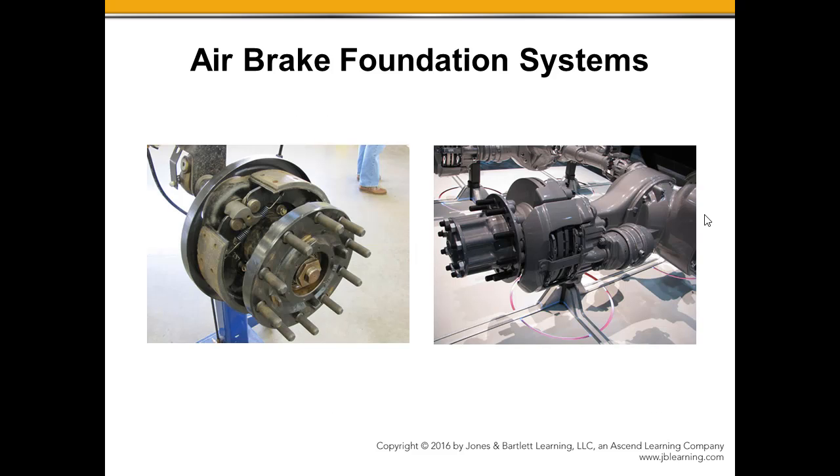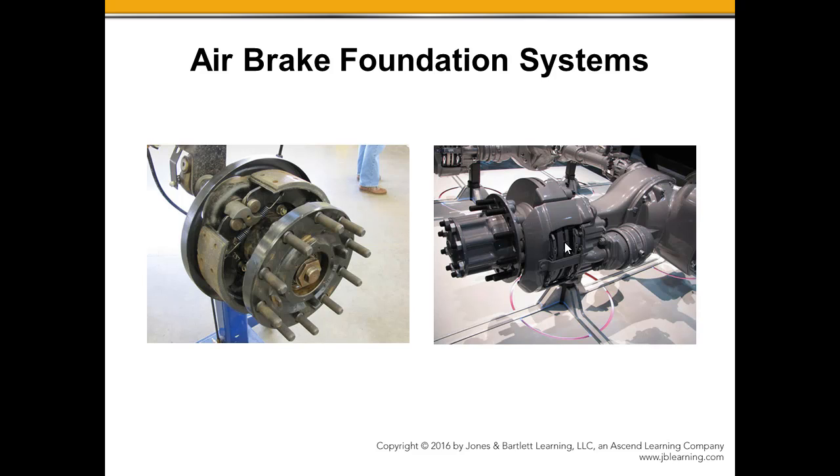Looking at the foundation brakes here, the one on the left is a drum brake system, and this is the S-cam or cam brake. The more this S-cam rotates, in this case clockwise, the further it pushes these followers out, forcing the shoes into the rotating drum on the outside, creating the friction.